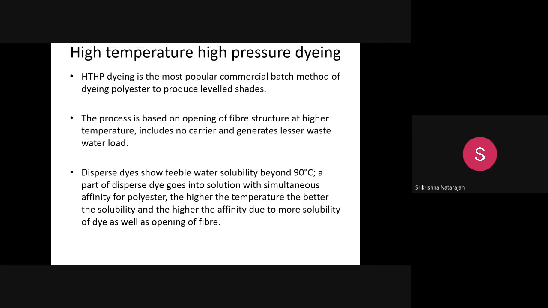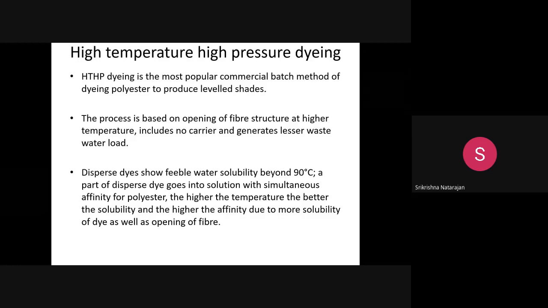So now we will see, from your practical point of view, what you need to learn. We are now going to discuss high temperature, high pressure dyeing. This is the commercially successful method to dye polyester to produce level shades.